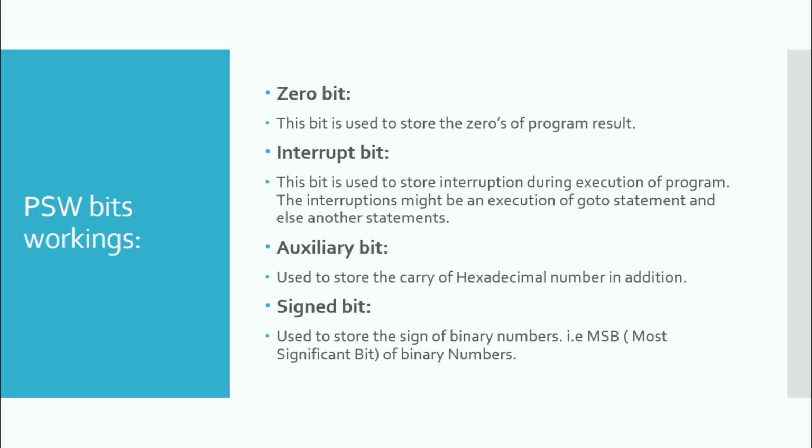Interrupt bit is used to store interruption during execution of a program. So here a question comes to our mind: what is interruption? For example, while programming in C++, we make a little interruption in program execution by using a goto statement.